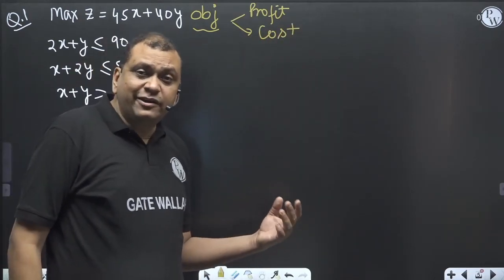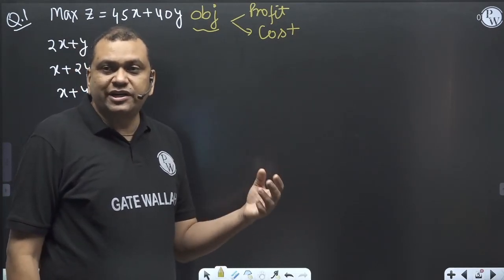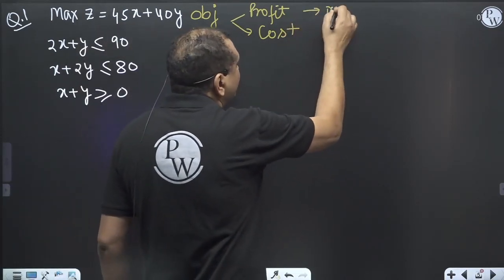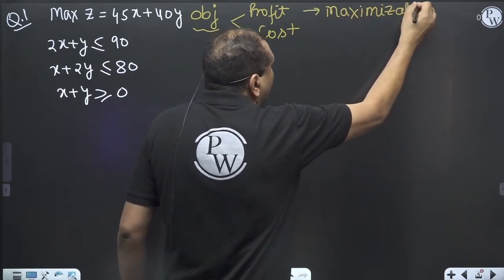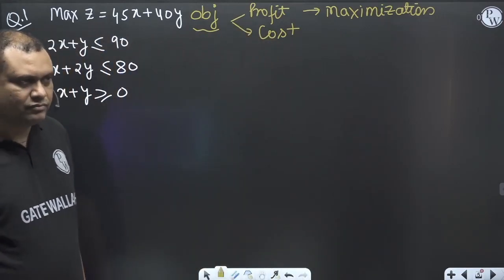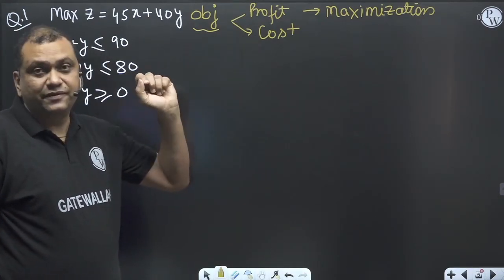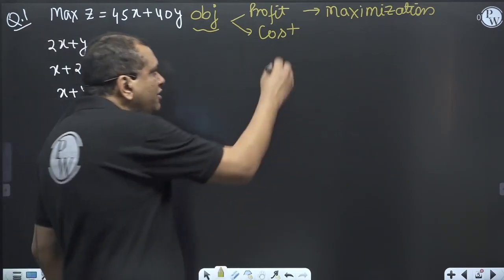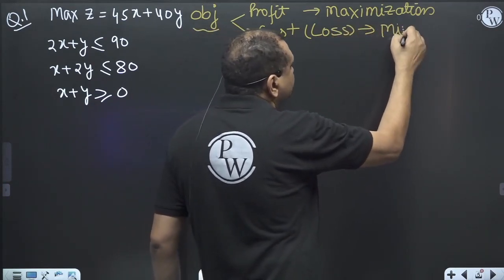Now, if the objective function is for profit, we will go for maximization, profit maximization. And if the objective function is that of a cost, or you can say loss, we will go for minimization.